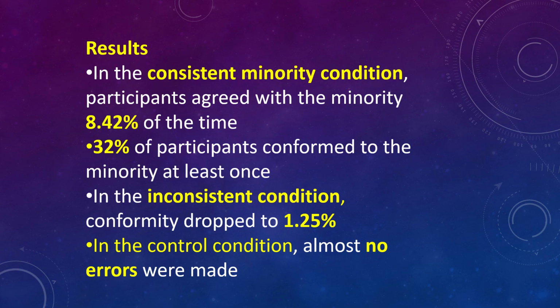So the inconsistent group also formed, isn't it? In the inconsistent condition, conformity dropped to 1.25%.